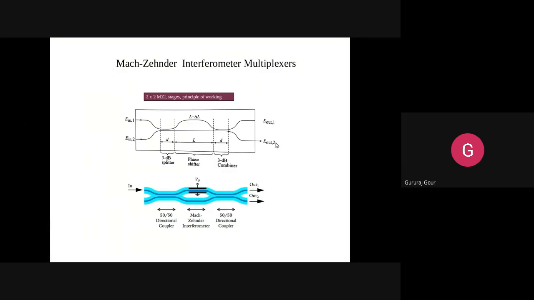This one is a four-port multiplexer named after the two people who invented it, the Mach-Zehnder Interferometer Multiplexer. First of all, we'll try to understand what we mean by interferometer and why our multiplexer is named after this interferometer.